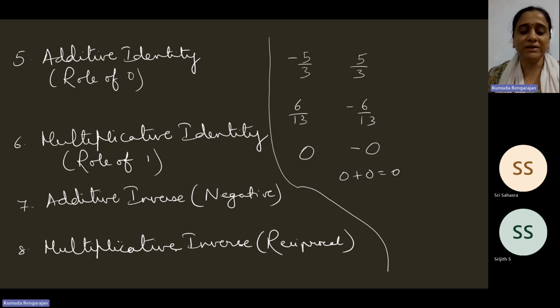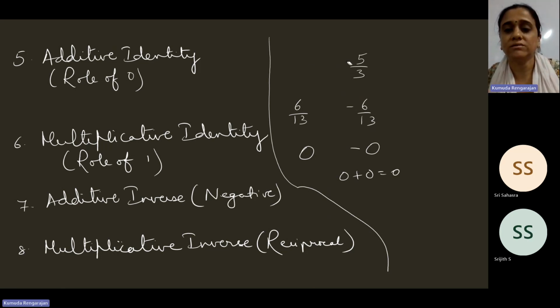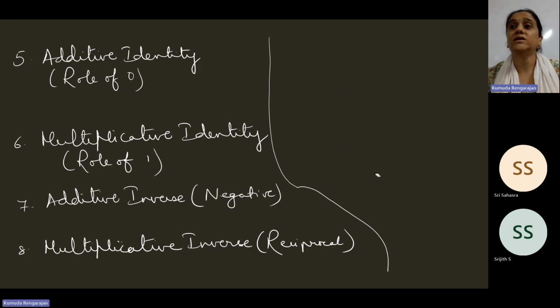And finally, multiplicative inverse or reciprocal of a rational number. So if the product of two rational numbers is 1, then the first rational number is said to be the reciprocal of the second, and the second rational number is said to be the reciprocal of the first.